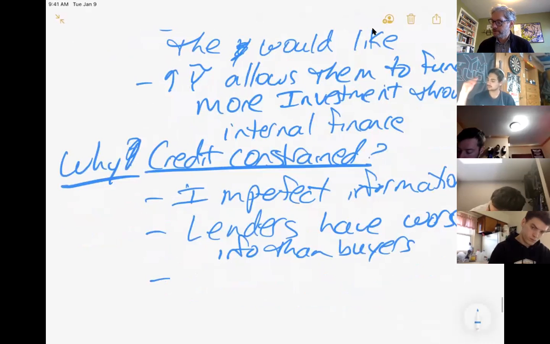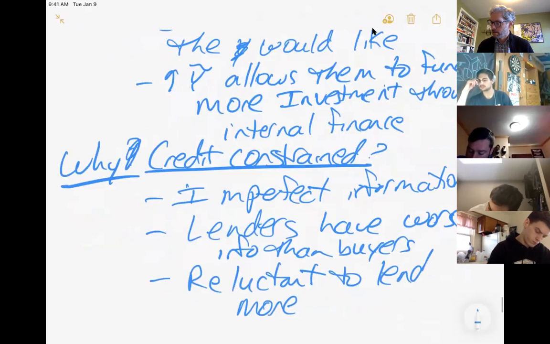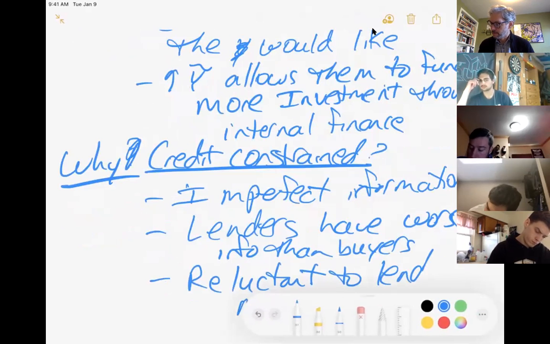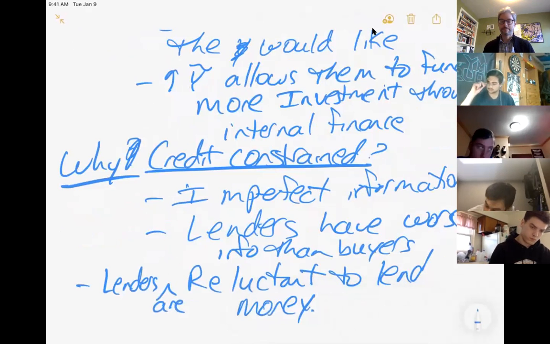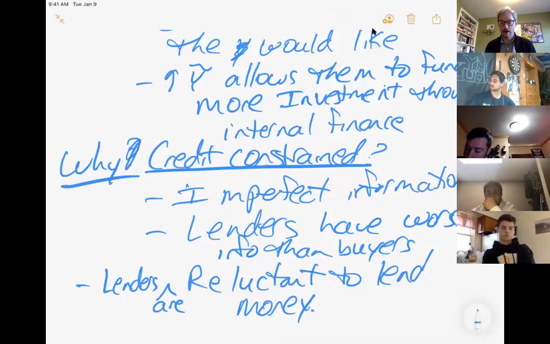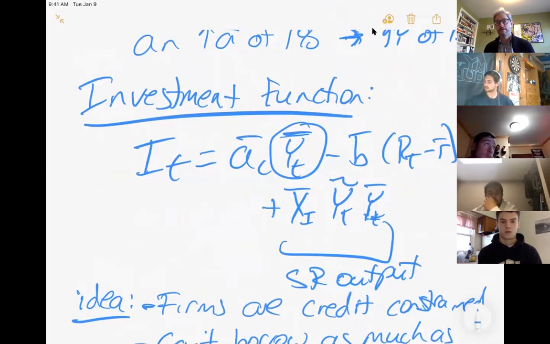And when they have worse info than borrowers, lenders are reluctant to lend money, right? So it's this problem of asymmetric information that makes it hard for lenders to lend money because they don't know who's a good credit risk. They don't know which investment projects are going to be very profitable and which aren't. So what that means is that for most firms, they cannot borrow as much to make as much investment as they like.